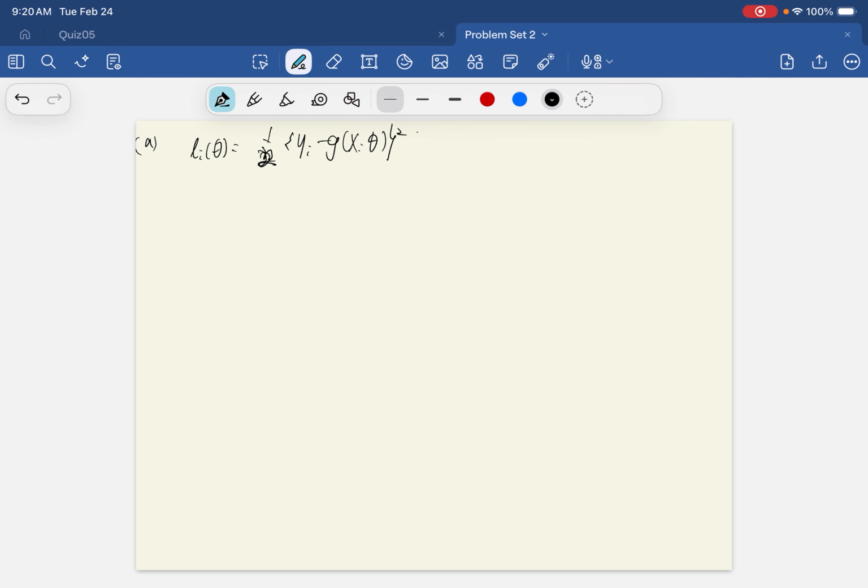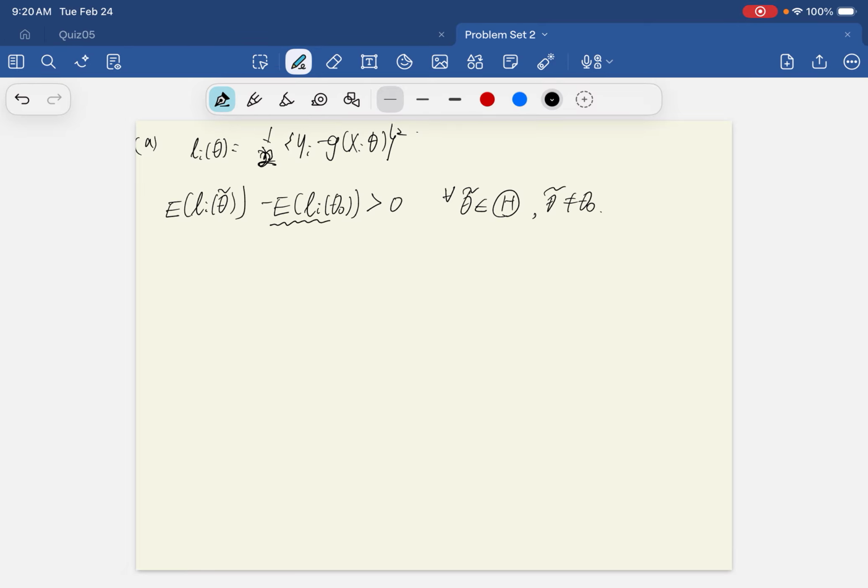Okay, and I will show that the expected value of L(theta tilde) minus the expected value of L(theta 0) is positive for any theta tilde in the parameter space such that theta tilde is different from theta 0, right? How do we do that? Let's see.